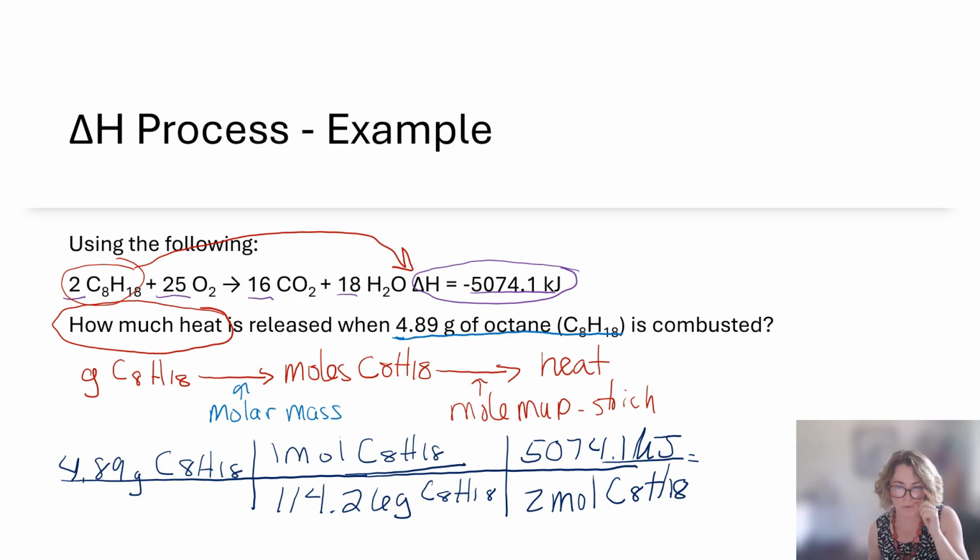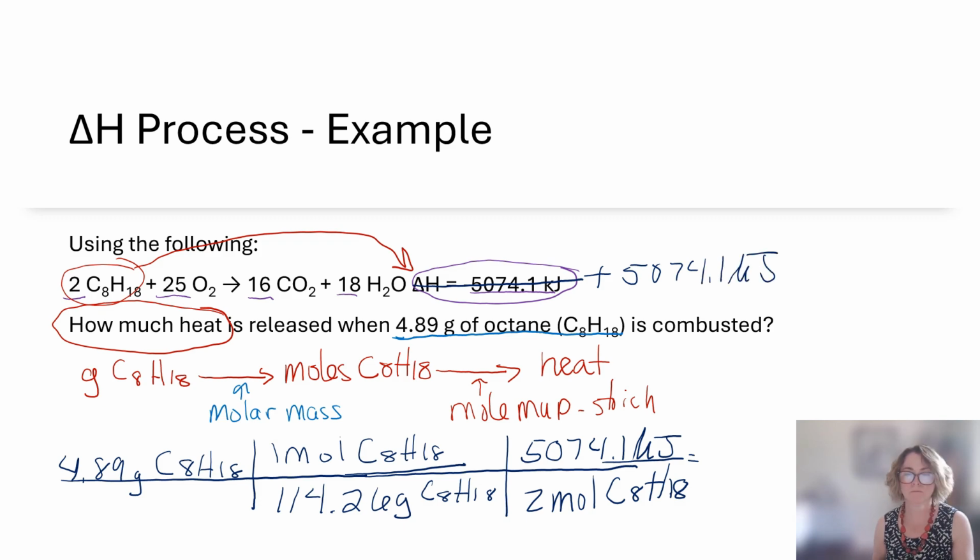One thing I want to point out is notice that in the problem we told you that delta H was negative. Remember that that sign is just telling you whether it's exothermic or endothermic, right? I could completely rewrite this whole balanced equation and tell you that 5,074.1 kilojoules was part of my overall balanced equation, and it's on the product side because this is an exothermic reaction.